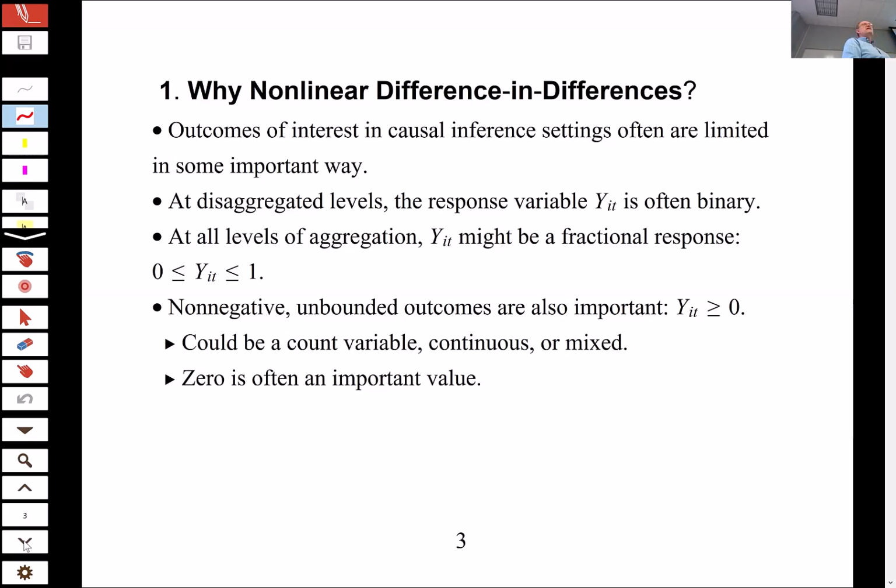The effect was the same regardless of when the units were first treated.